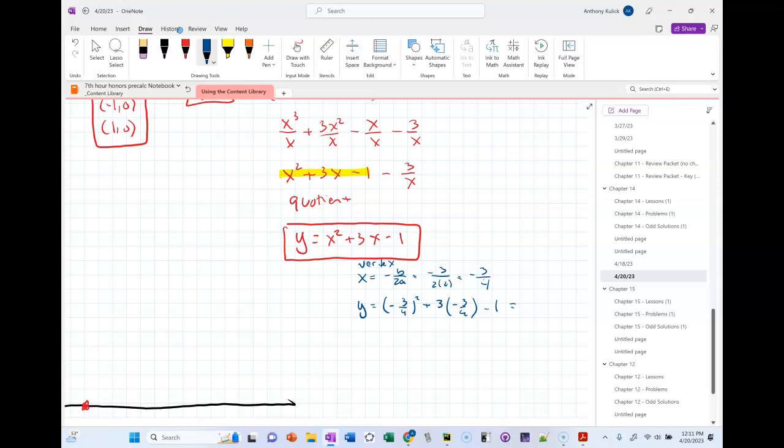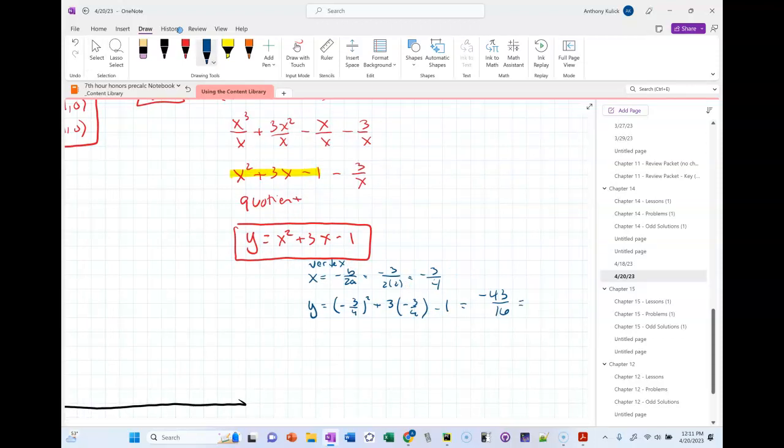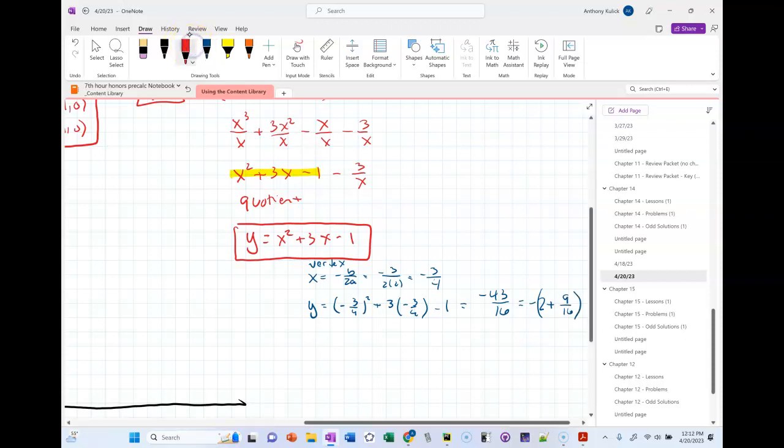Minus 9 is, yeah, okay. So negative 27 over 16 minus 1 is going to be like negative 43 over 16, I think. But really like negative 2 and 9/16. So a little over 2.5. Okay, there.